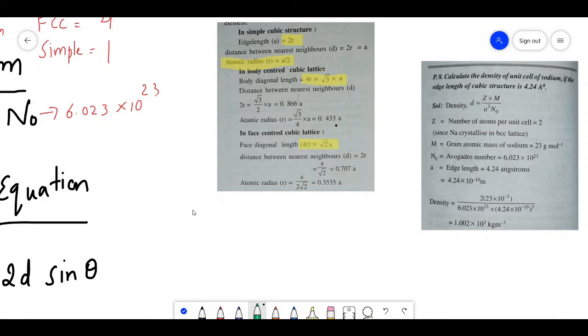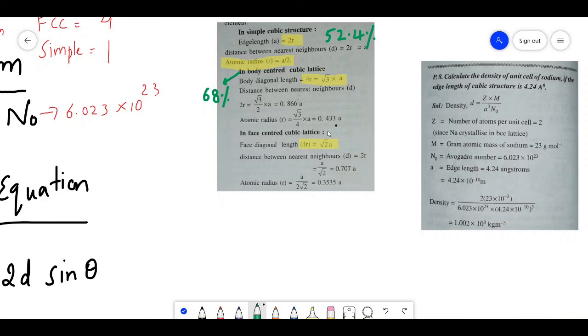And along with this, remember one more point for a simple cubic. He will also ask what is the packing efficiency. The packing efficiency of a simple cube, if you calculate, is equal to 52.4%. And for the body centered cube, the packing efficiency is equal to 68%.